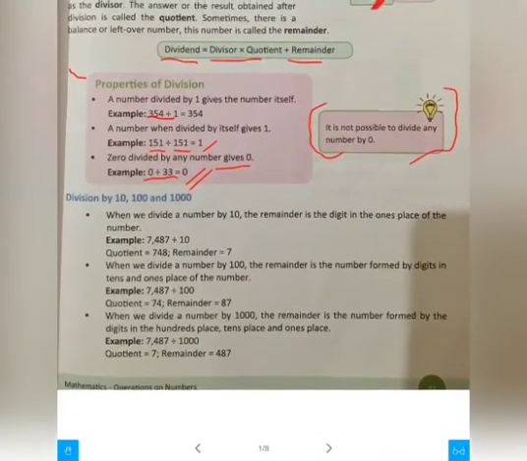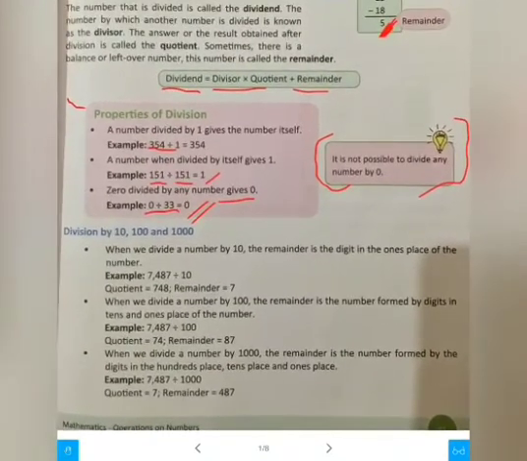Now, division by 10, 100 and 1000. Like in multiplication, I have told you, if I am multiplying any number by 10, 100 or 1000, we need to just put that number of zeros at the end of the product. So when we divide any number by 10, the remainder is the digit in the ones place of the number.